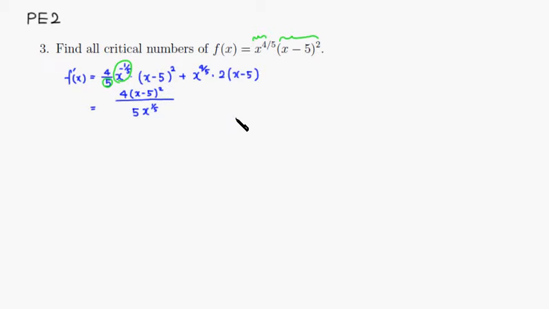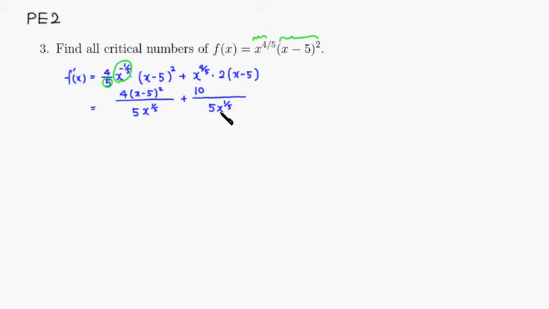For this other term, we're going to take the common denominator. There's no denominator, so I'm going to multiply top and bottom by 5x to the 1/5 power. So we have 5x to the 1/5 power, then 5 times 2 is 10, so I'll have 10 here.